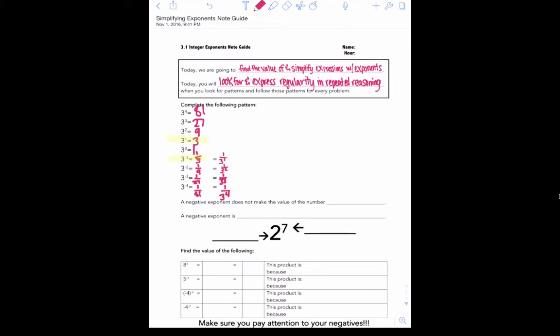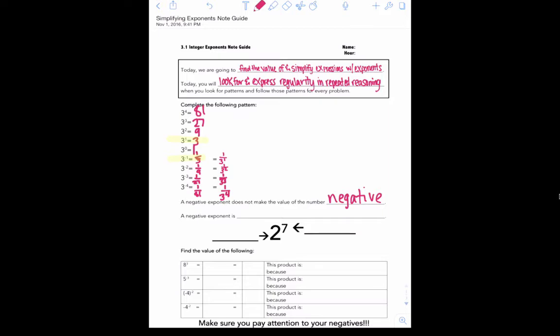So a negative exponent does not make the value of the number negative. That's a very important concept. Just because you see that negative does not mean that the value of that number is negative.